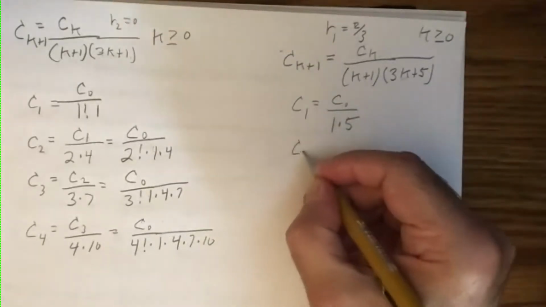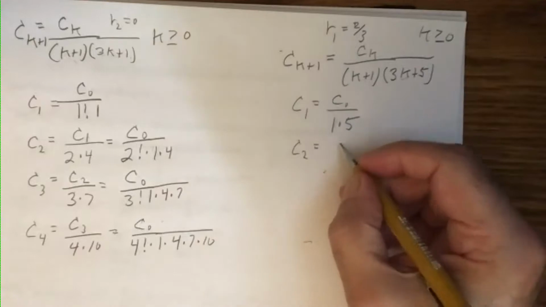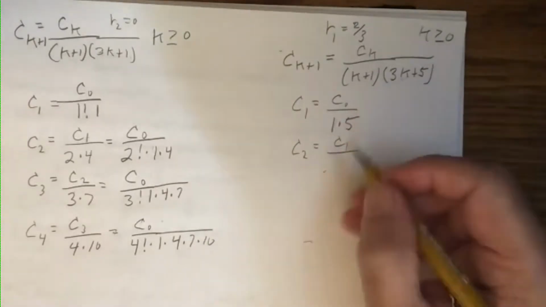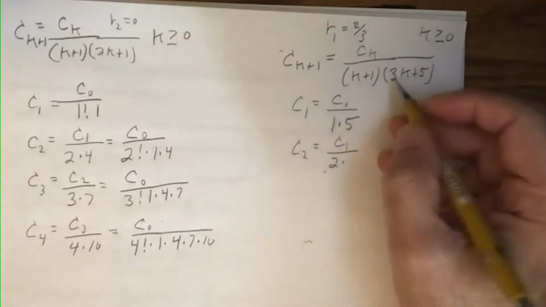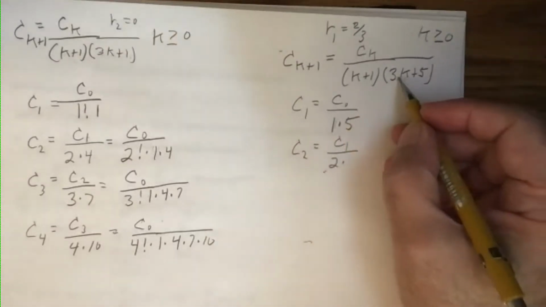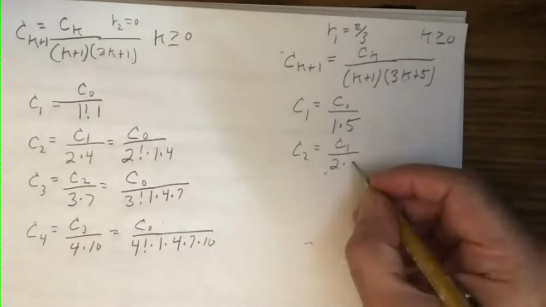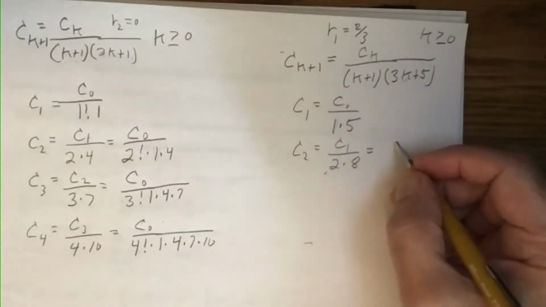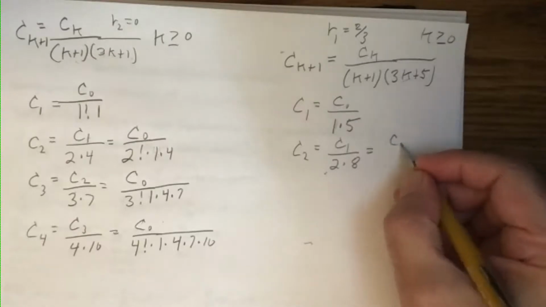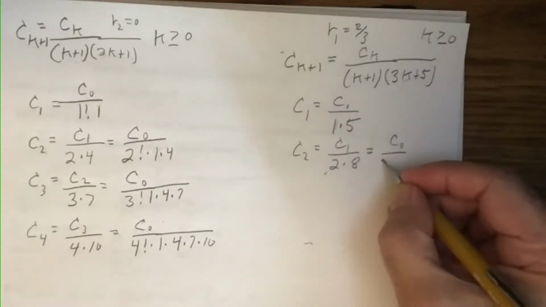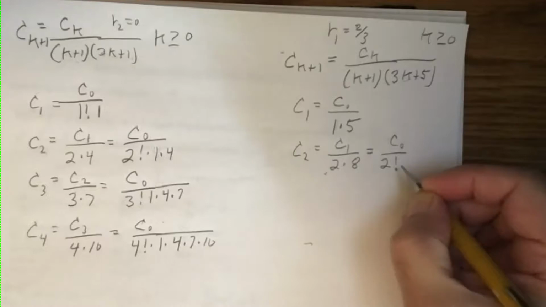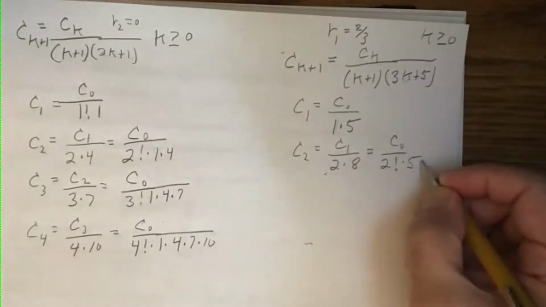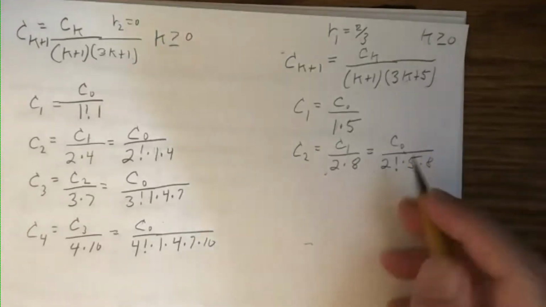My C2 is going to be C1, right? And then this is going to be 2. And when I put 1 in here, this is going to be 3 plus 5, which is 8, right? So I can write this now as C0 times 2 factorial times 5 times 8, right?